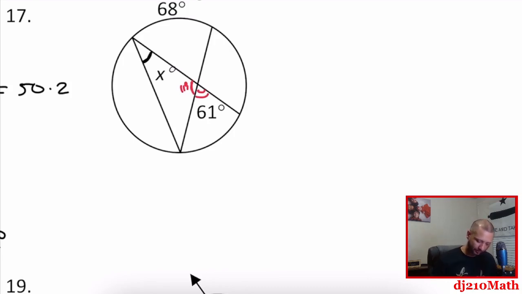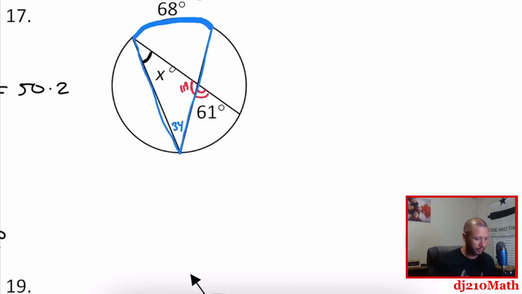All right, next is that this arc and this angle is an inscribed angle. This angle is half the arc because it's inscribed. So half of 68 is 34. So this is 34.